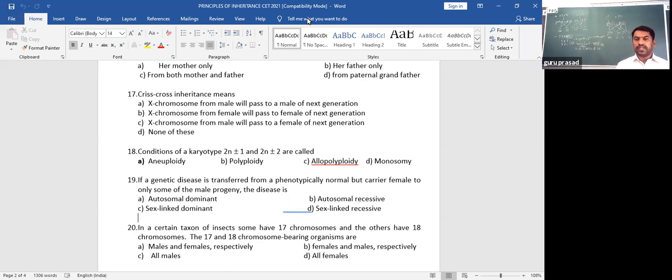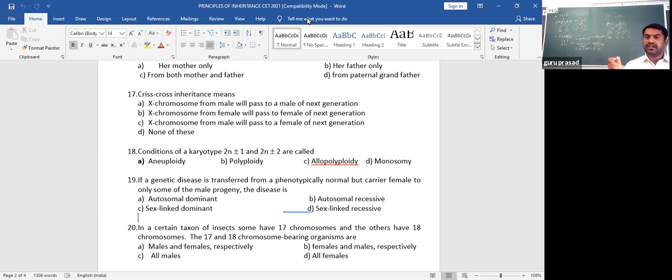Autopolyploidy is when the sets of chromosomes are from the same parent or the same species, and allopolyploidy is when they are from different species.